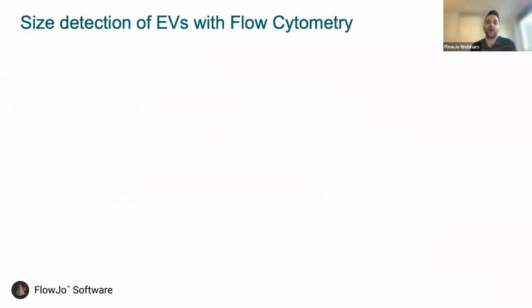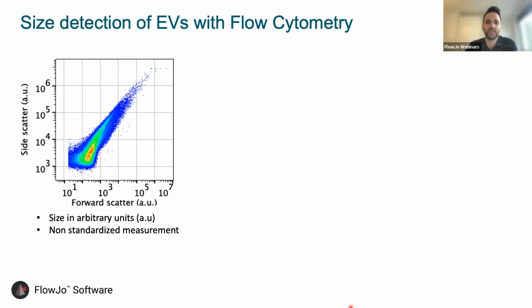So what will happen when we run an extracellular vesicle sample in a flow cytometer? Let's say we have a urine sample, or any kind of sample that contains EVs. If we take, for example, a urine sample on this plot, and say we need to determine the size of the particles within, that would not be possible. From the scatter plot, the side scatter and the forward scatter are defined in arbitrary units in the flow cytometer.